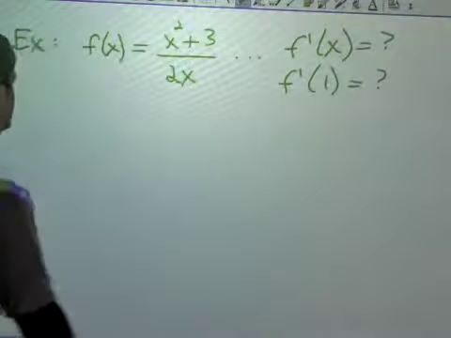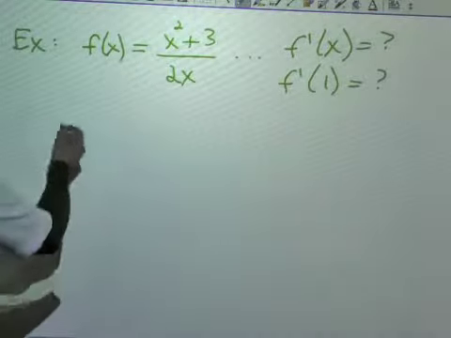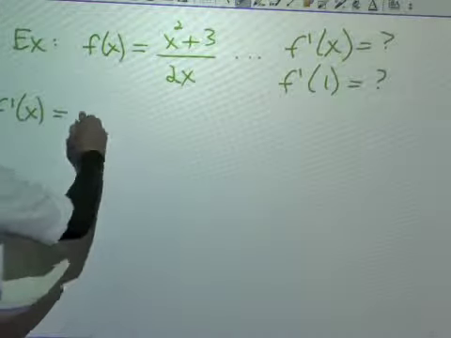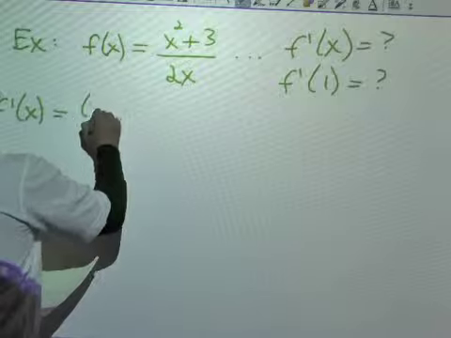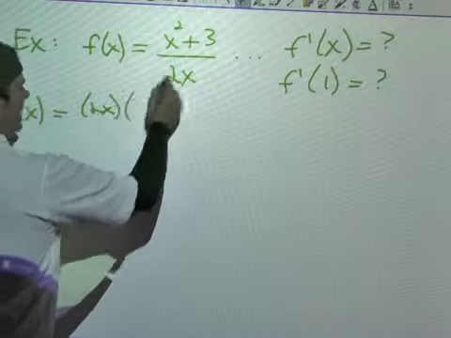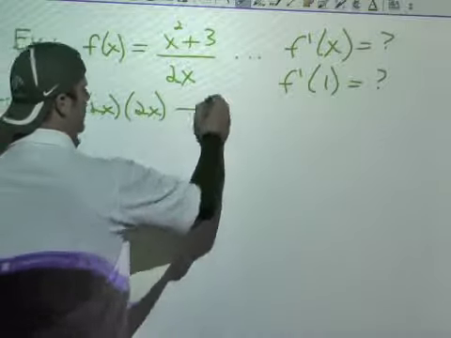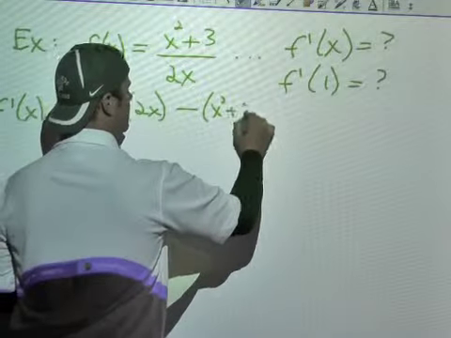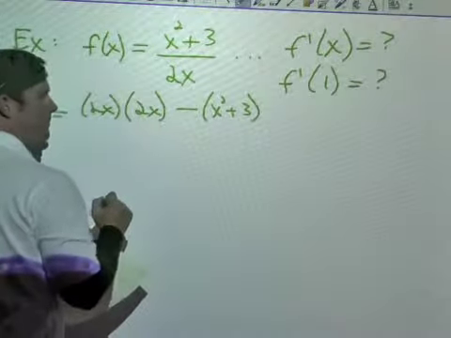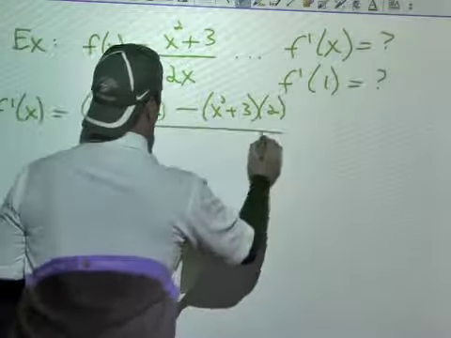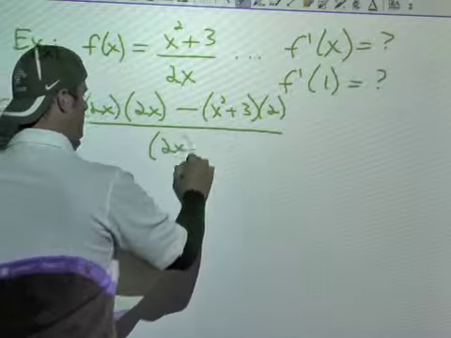And I'm back. So let's see how you did. The derivative function, using the quotient rule, we'll take the bottom, which is 2x, times the derivative of the top, which is 2x, minus the top function, (x squared plus 3), times the derivative of the bottom, which is 2. All over denominator squared.